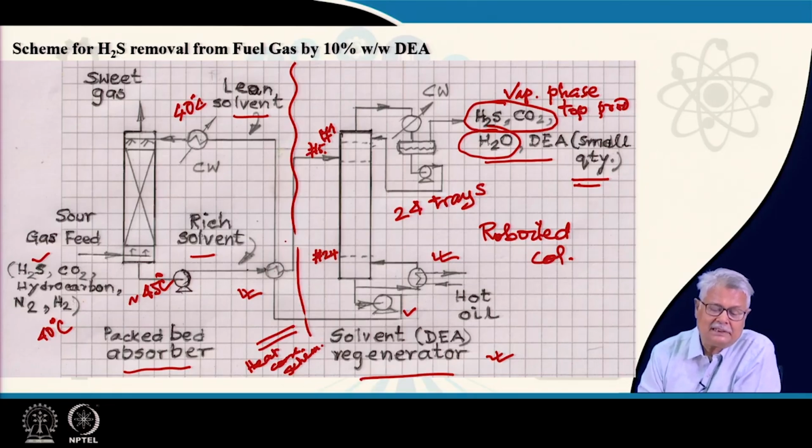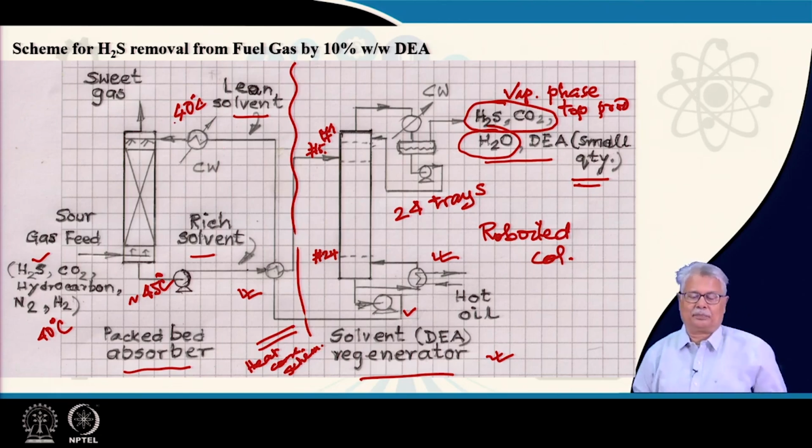Anyway, still you will not be reaching 40 degrees centigrade, because at the bottom the temperature will be around 115 to 120 degrees centigrade, but it cannot just come down to around 40 degrees. So, you usually will be having a cooling water heat exchanger which will be cooling down the temperature to around 40 degrees centigrade.